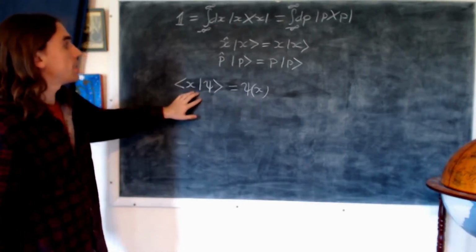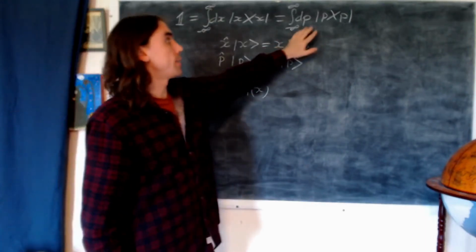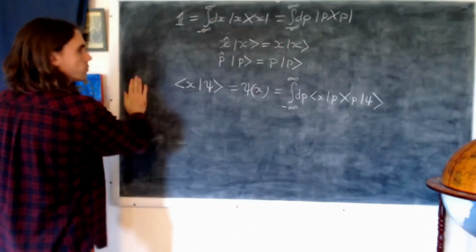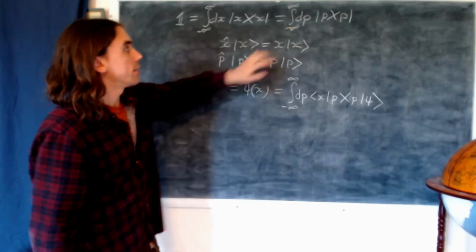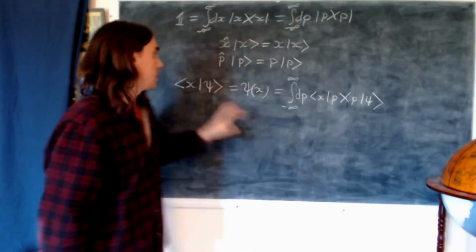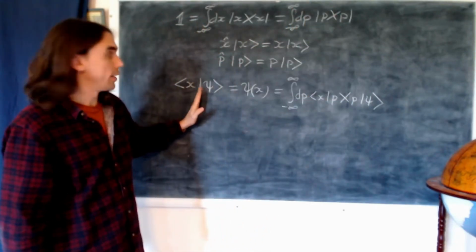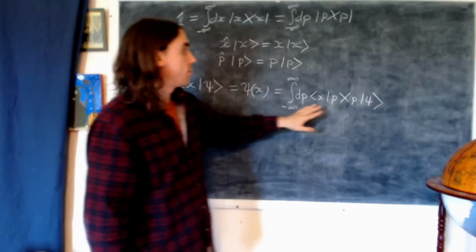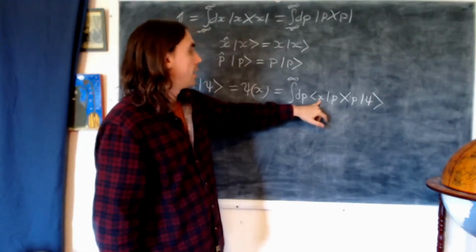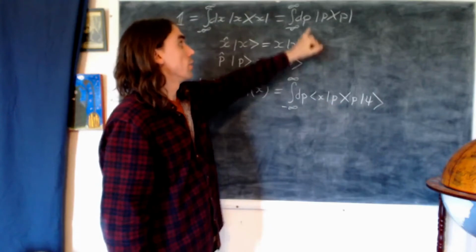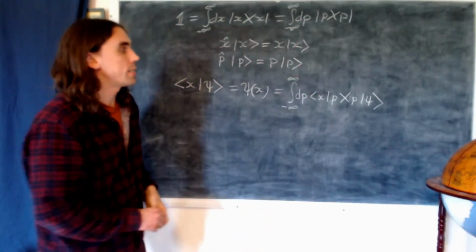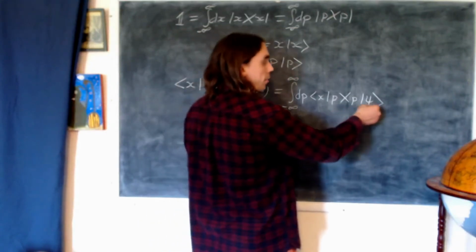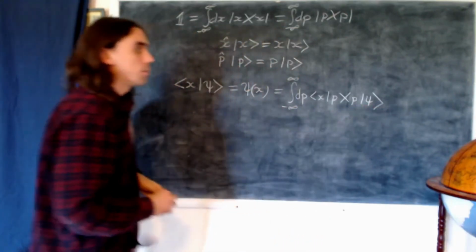Then we can insert into this a complete set of momentum states as follows. I've taken this object and inserted this integral of |p><p| into the middle between the bra and the ket. Then I've used the fact that x and psi are not functions of momentum, so we can pull it out the front here. And now we see that we have <p|psi> here, which is psi twiddle of p.